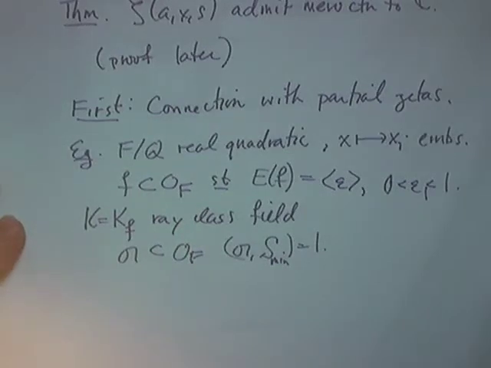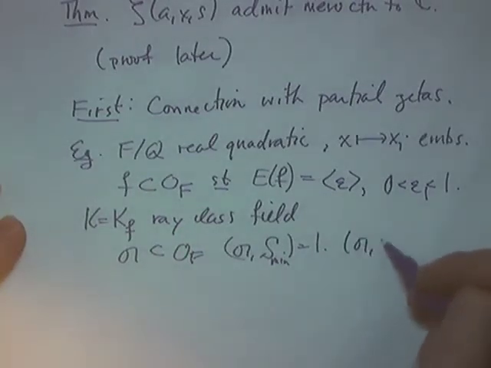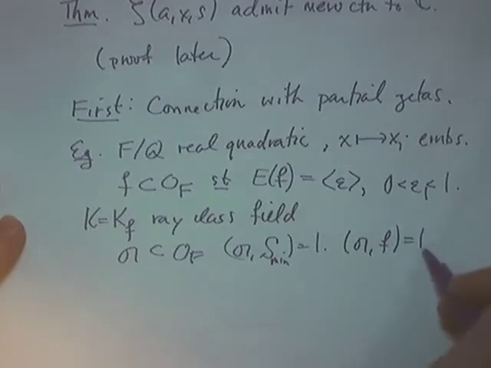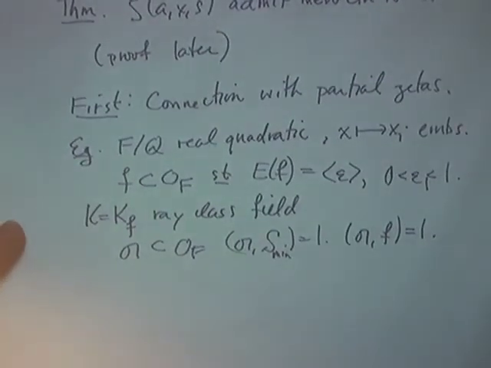And I also would like to insist that A be relatively prime to F. Okay, so this is all the data that allows us to consider partial zeta functions, which I'll remind you the definition of.